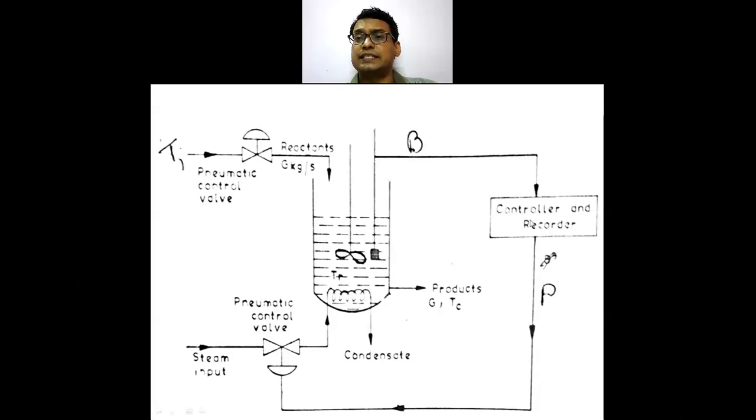It sends the signal to a controller and the controller gives the signal pressure output to the final control element, that is your control valve, where M, that is your manipulated variable, is associated with this control valve.